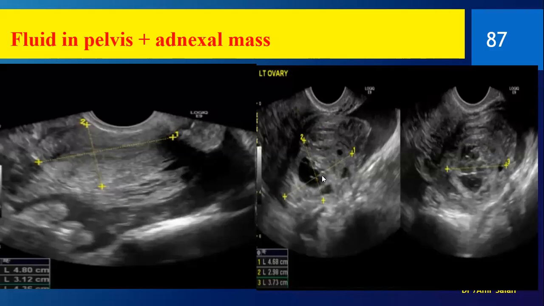And this is the cyst after it ruptures, and we have here the free fluid. So we might know that she has a history of cyst. If she does have a history of ovarian cyst, this confirms it.